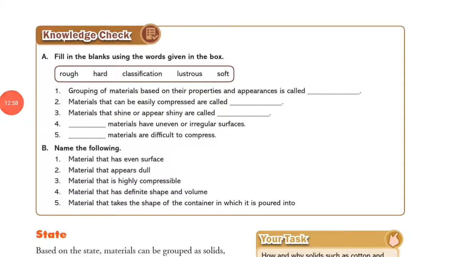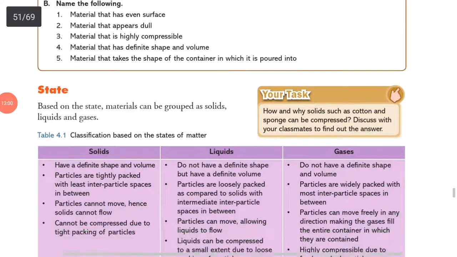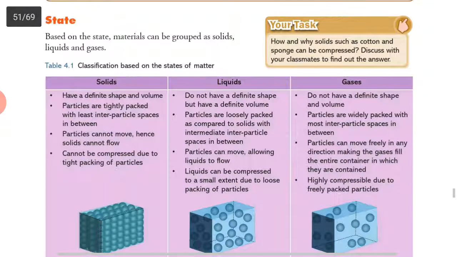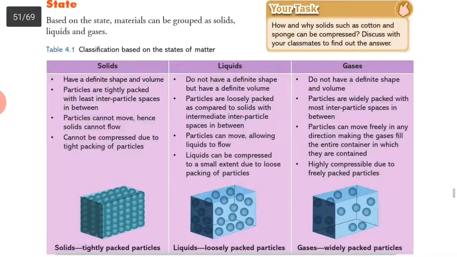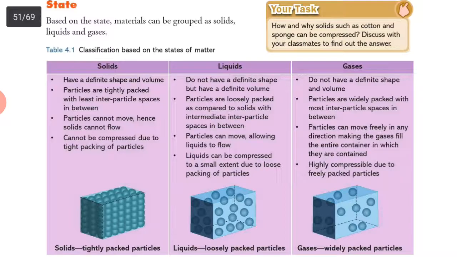Okay, let's discuss something more. Now, next classification is based on the state of the material. They can be grouped as solid, liquid and gases. Now, just see this table.